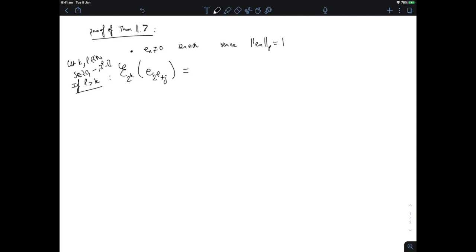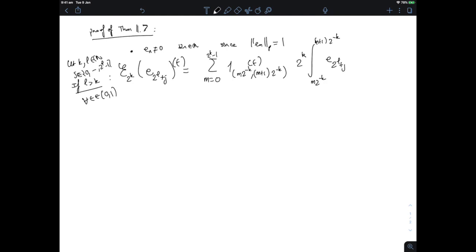Well, let's write up what this is. This is the sum for m equals 0 to 2^k minus 1 of these indicator functions of the interval from m 2^{-k} till (m+1) 2^{-k}, at a point t, times 2^k times the integral from m 2^{-k} to (m+1) 2^{-k} of e_{2^l + j}.